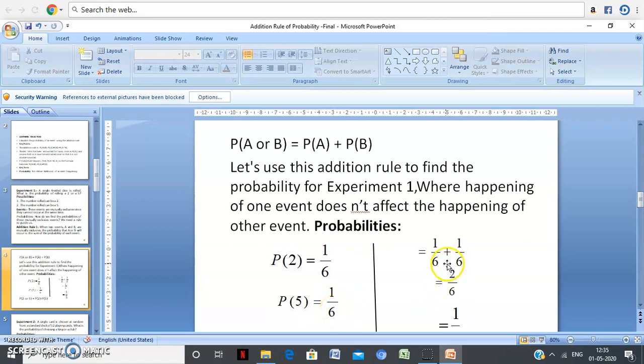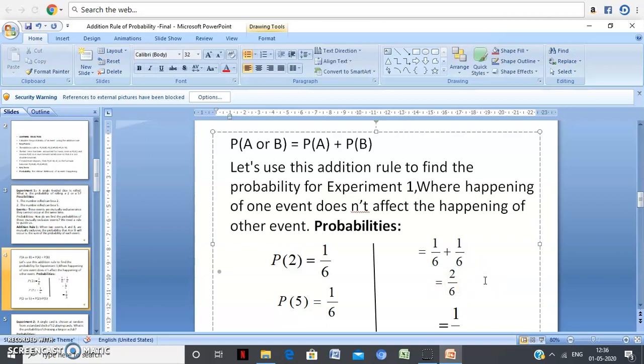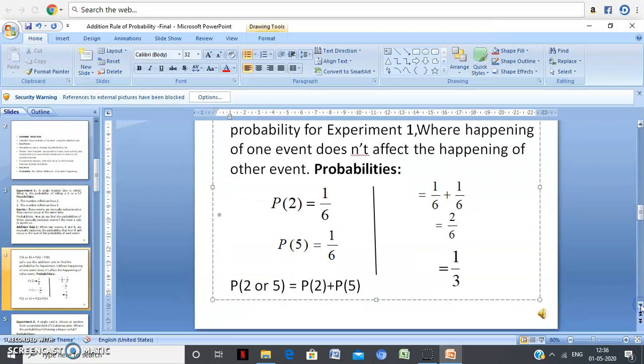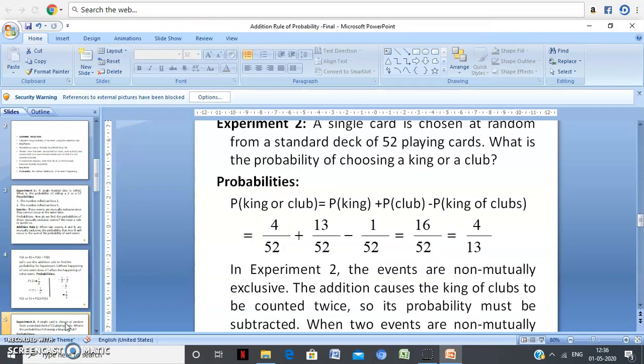So it will be 1 by 6 plus 1 by 6 equals 2 by 6, which comes to 1 by 3. So we have applied addition rule 1 here because both events are mutually exclusive.